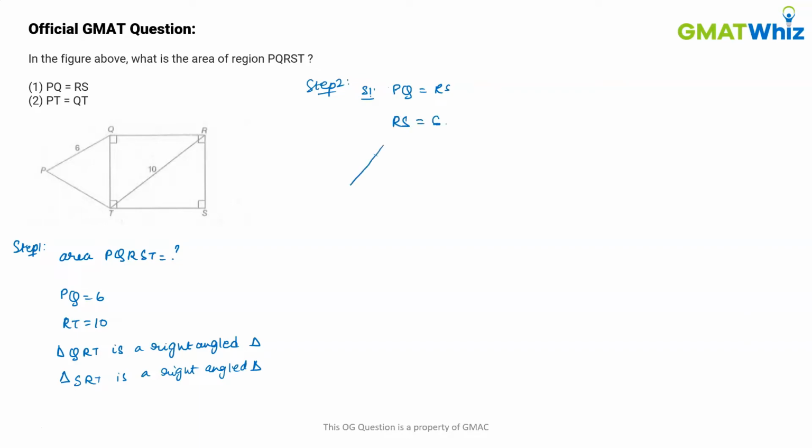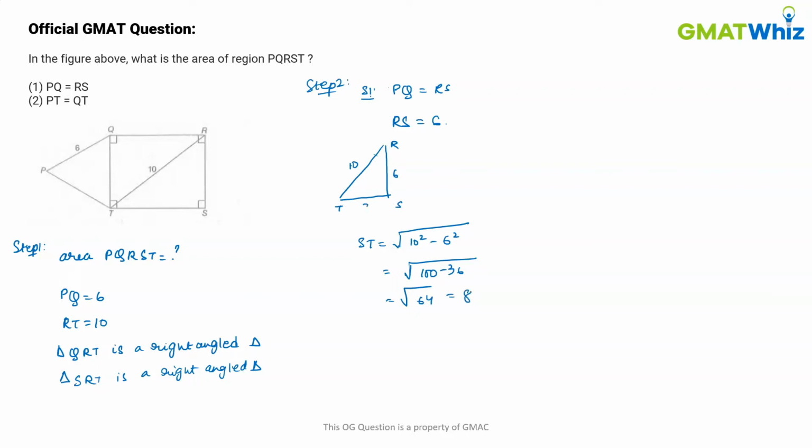Now, if I redraw a part of the diagram with the triangle R, S and T, where the value of RT is 10 and RS is 6, we can find the value of ST using the Pythagoras theorem, which will be equal to root over of 10 squared minus 6 squared, which gives us root over of 100 minus 36, which equals root over of 64, which is 8.